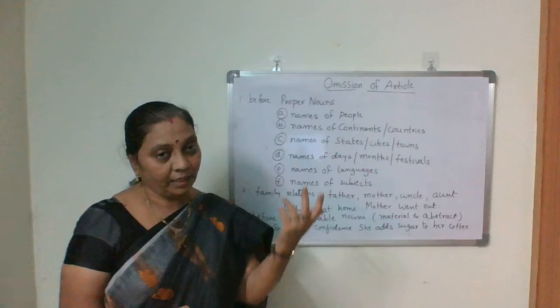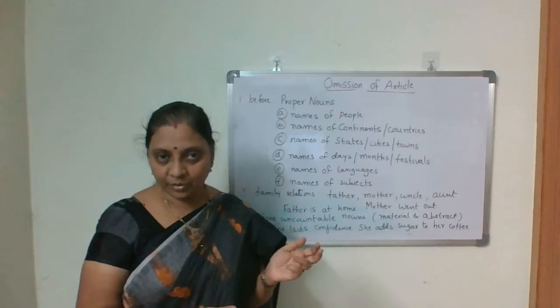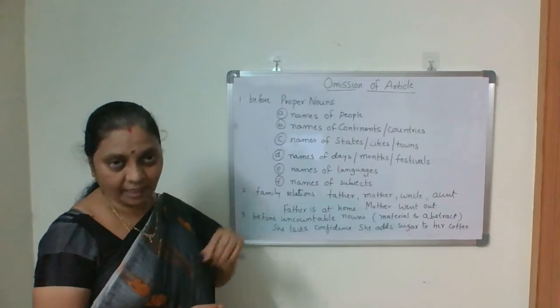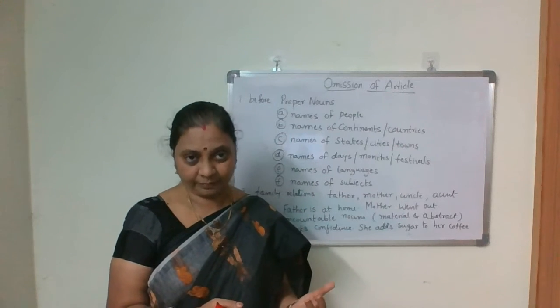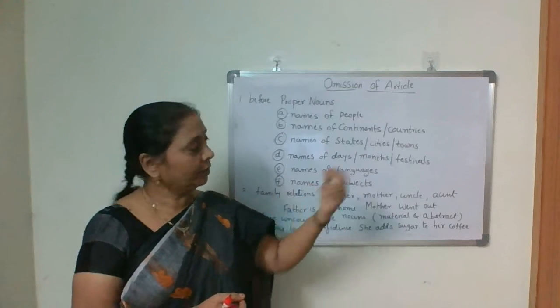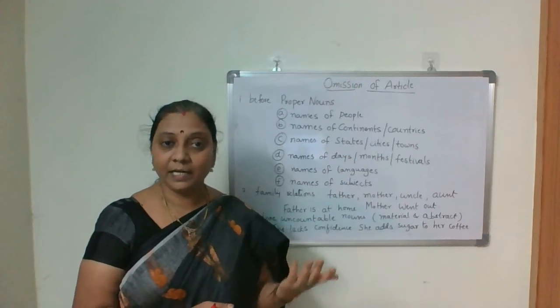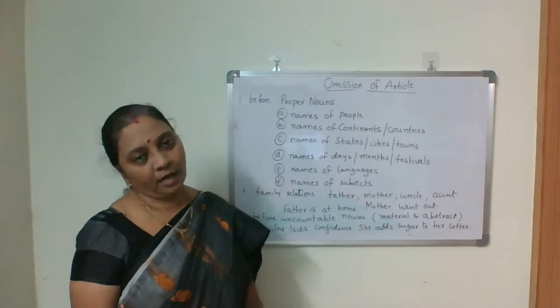Otherwise, like Pakistan, Bangladesh, China, Japan, we don't use any article before the names of the countries, but the exception is there. Then names of states, cities, and towns: Andhra Pradesh, Hyderabad, Kolkata, Delhi. Before those names we never use any article.